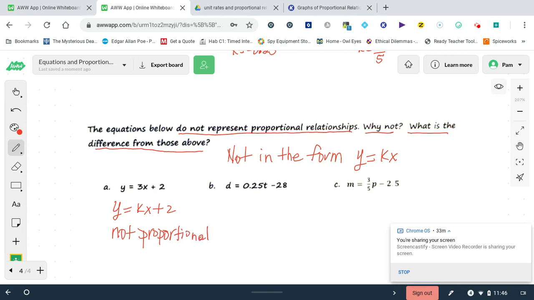Why? Because of the plus 2. That plus 2 did it. All right, what's wrong with this one? Well, this minus 28 doesn't have to be plus anything. It's almost in the form y equals kx minus 28. We've got a problem because the minus 28 is the issue.